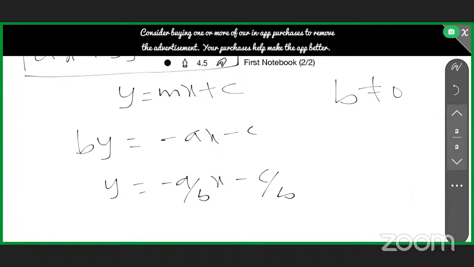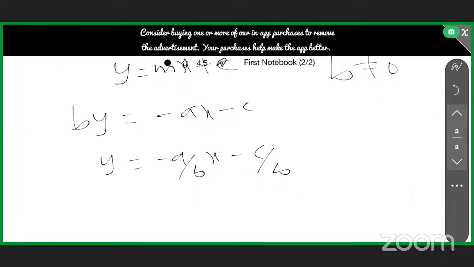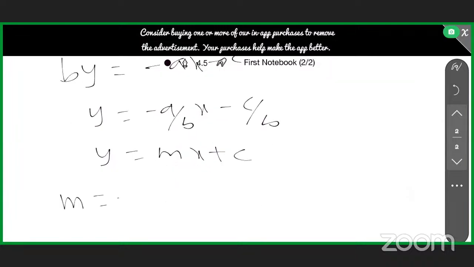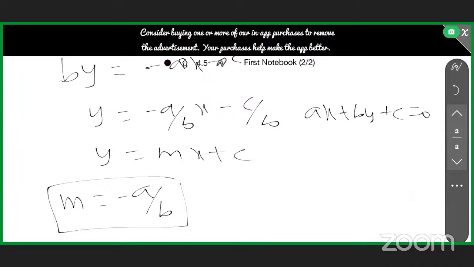Comparing with y is equal to mx plus c, m is my slope, so m is equal to minus a by b.